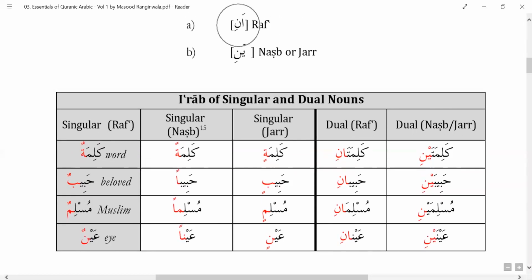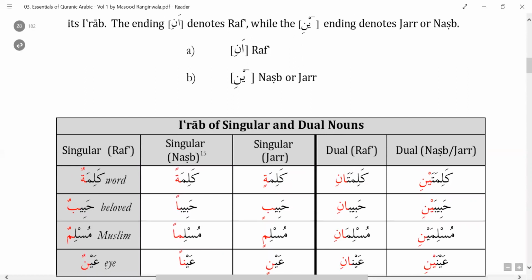Ani. So if I want to leave it Rafa but say 2 words, I will add Ani. That closed ta will open up, and then I will add Ani, which is fatha, alif, noon, sukun.